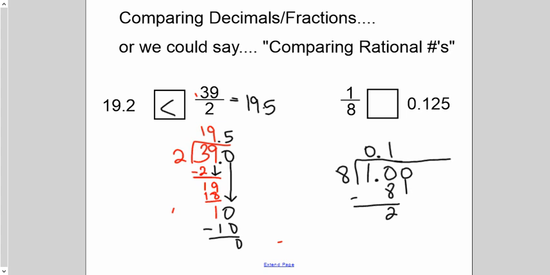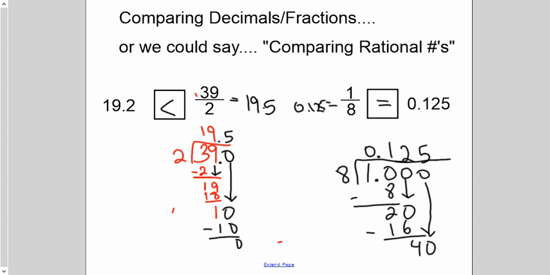Add another 0 and drop it. 8 goes into 20 twice. One more 0. 8 goes into 40 5 times. So this is 0.125. The exact same decimal, so we'll just use an equal sign.